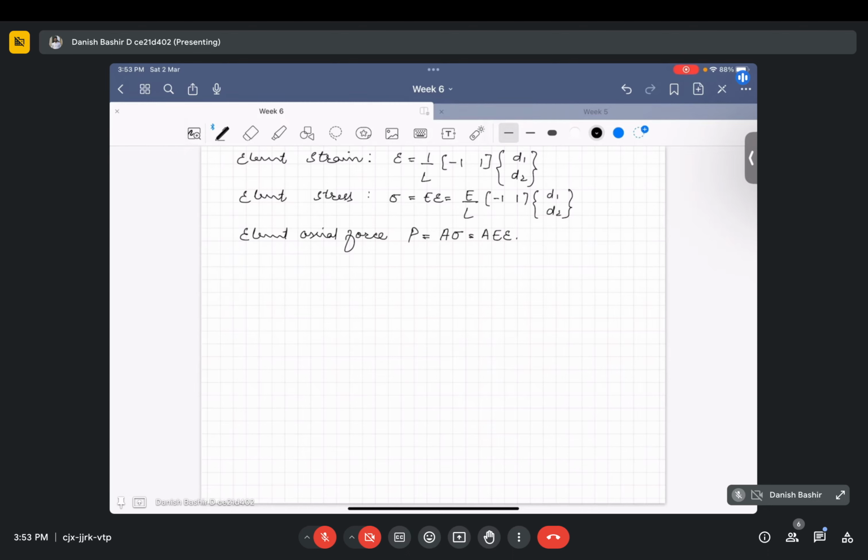So now let's quickly do one exemplar problem so that you get to know what we were doing for the last half an hour.